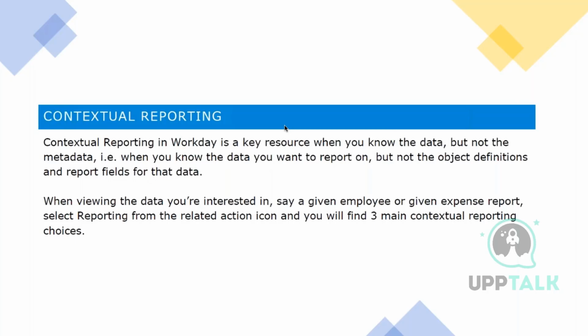Suppose you have been asked to build a report to pull all the compensation related details of a worker. You know where the compensation details of the worker are stored, but you don't know as a starting point which field will give me that data, which business object that field will be built on, which data source I should be using to pull that data, and so on. So that's about contextual reporting.